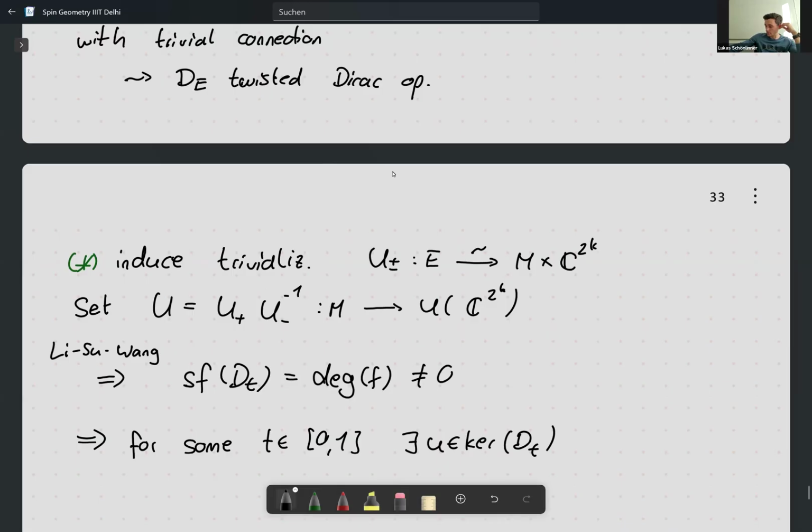Now we can do the same game and insert this harmonic spinor into the Schrödinger-Lichnerowicz formula, do the same estimates, and get that f is actually a local isometry.